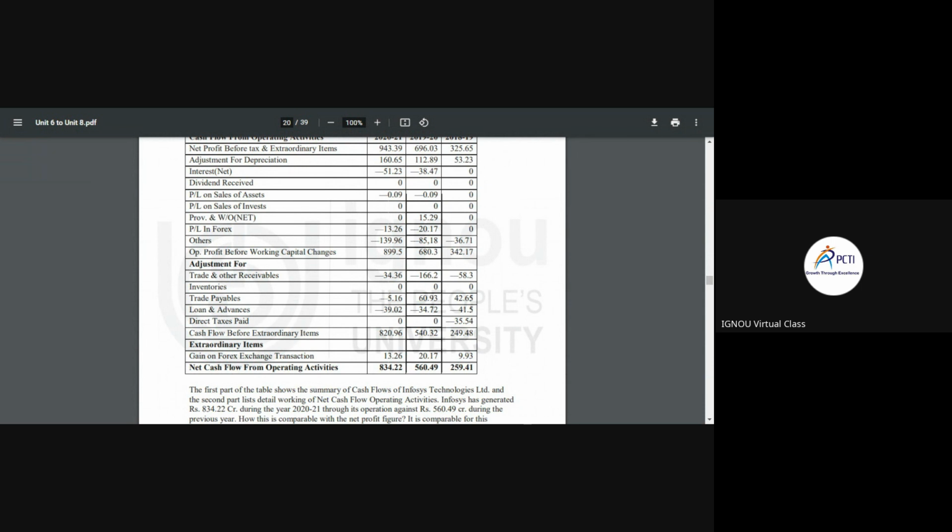Then we have extraordinary items like gain on Forex exchange transaction. And in the end, we have net cash flow from operating activities.